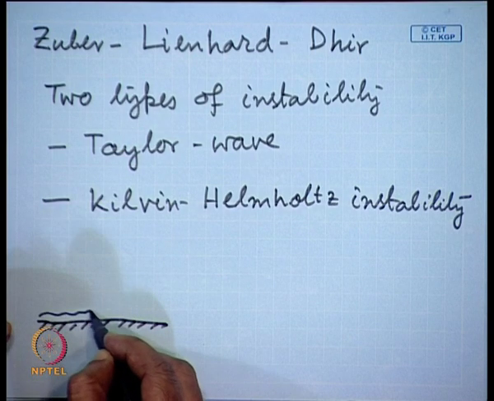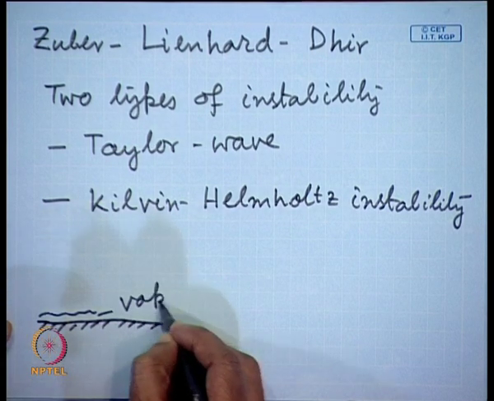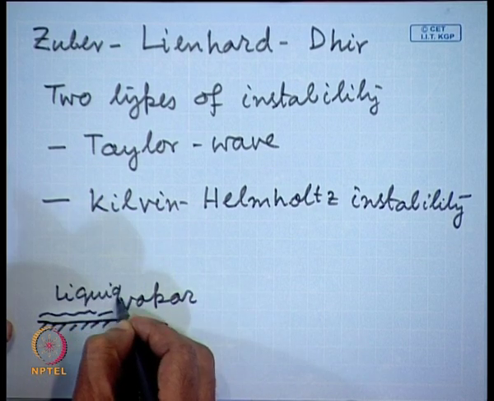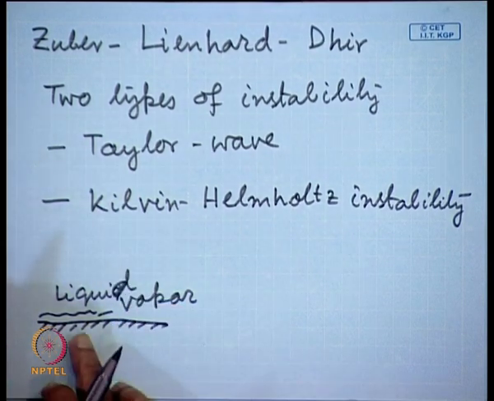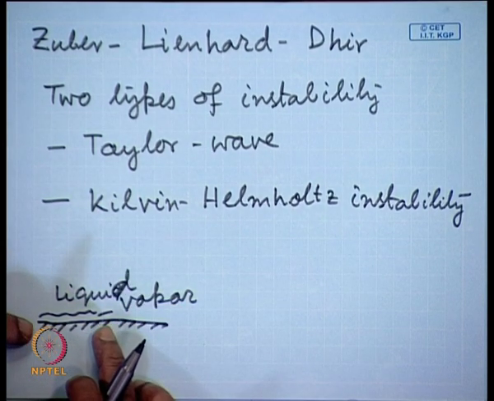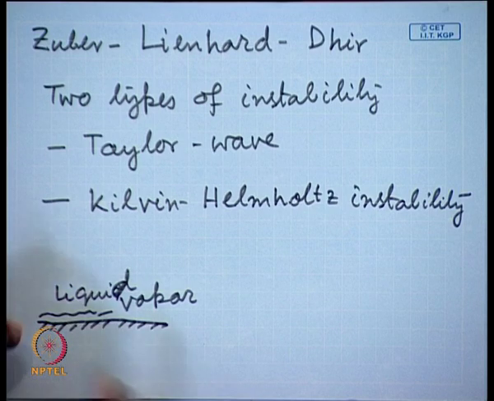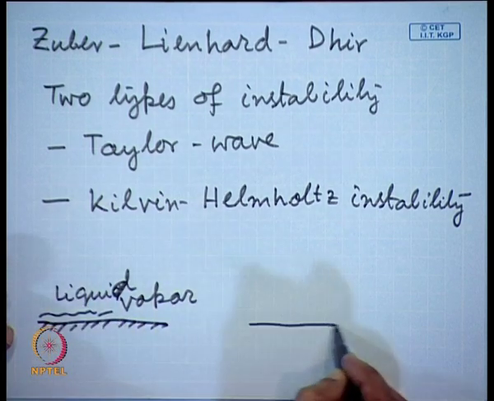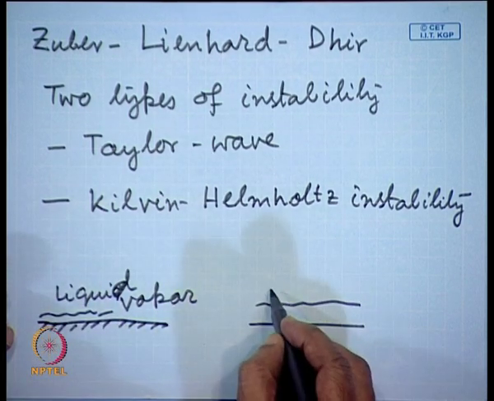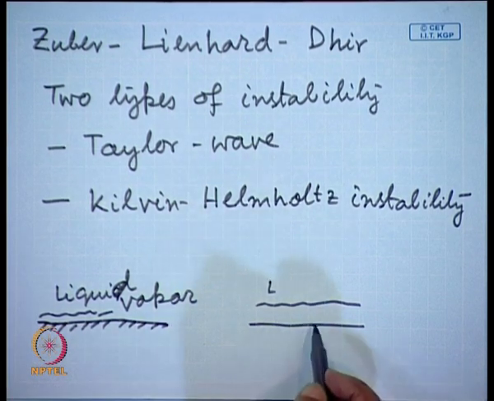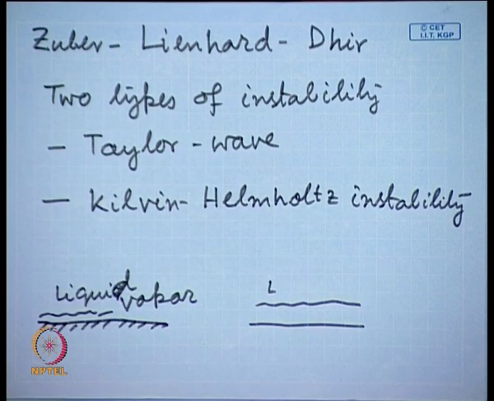We are having some sort of a vapor, and at the top we are having liquid. So, we are having a lighter fluid below and a heavier liquid at the top. So, obviously, it is an unstable situation. Okay. Unstable situation means what we will get? Suppose we have got some sort of a vapor layer and some sort of a liquid. So, obviously, we will not get a smooth surface, we will get an undulated surface.